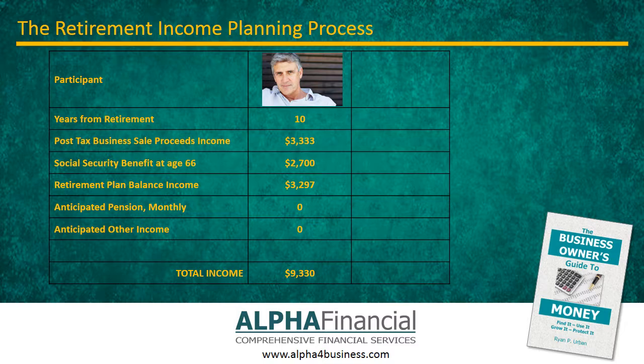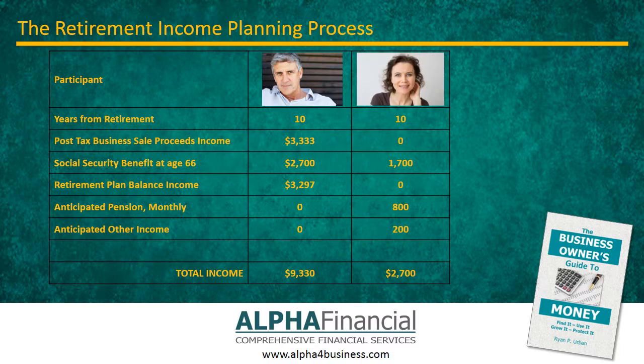People are often surprised by the amount of Social Security they're going to receive in retirement. If a guy or a woman has worked for a long time and made a pretty good income, $2,700 a month at age 66 is not out of the question. Then his retirement plan balance income based on the 5% rule is $3,297. No other income, that gives him a total income personally of $9,330.